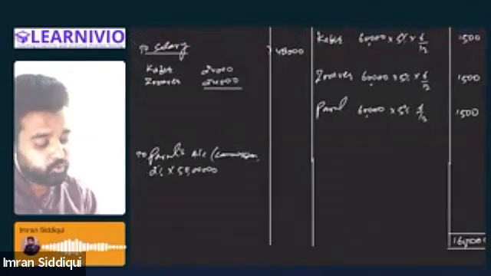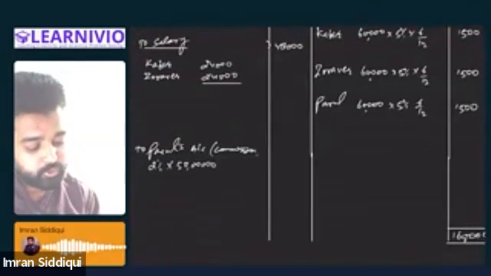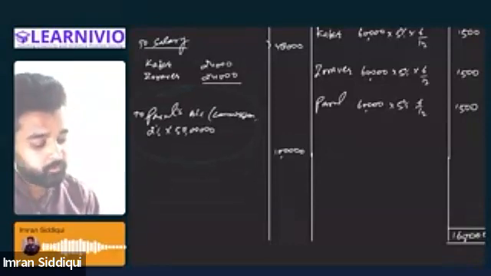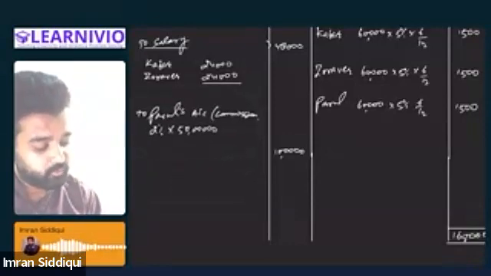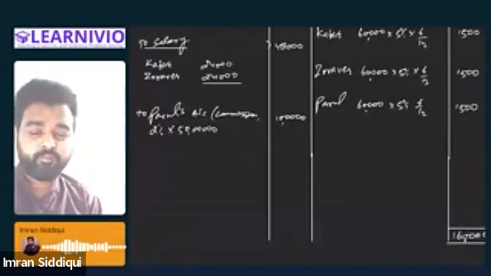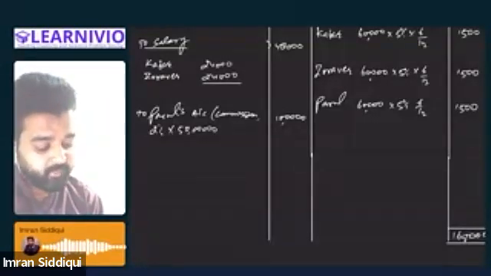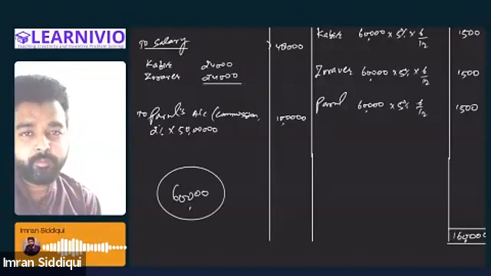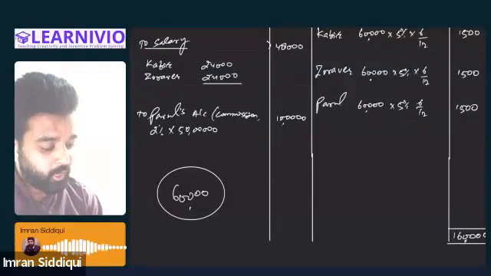Now see, we are still required to pay the commission to the partner. The payment to Parul by way of commission is 2% of the sales value. But if you calculate 2% of sales value, it will come to 1 lakh. But we don't have a sufficient amount of fund available. Out of profit, we need to pay commission only. We have only 60,000 profit available, which we will be able to pay as commission.